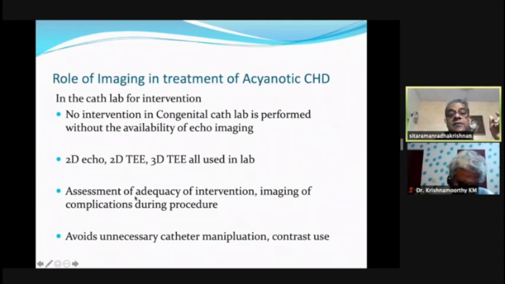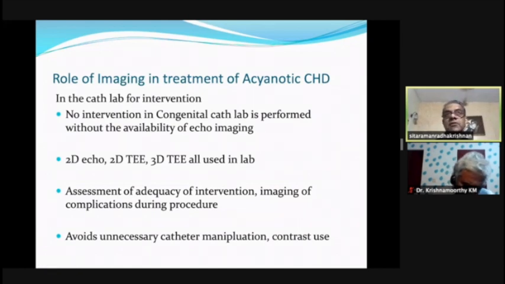The assessment of adequacy of intervention, imaging of complications during the procedure is one of the biggest boons that we have got by using imaging technology in the cath lab. No more assessment of the adequacy of, say, balloon dilatation of the aortic valve or a pulmonary valve by catheter technology. It is all done in the cardiac catheterization lab. You do the balloon dilatation of, say, pulmonary valve.